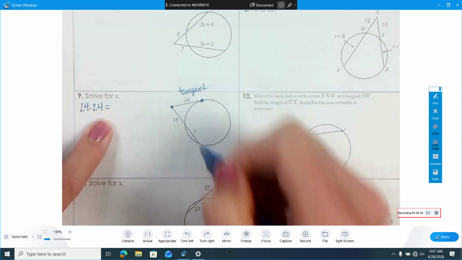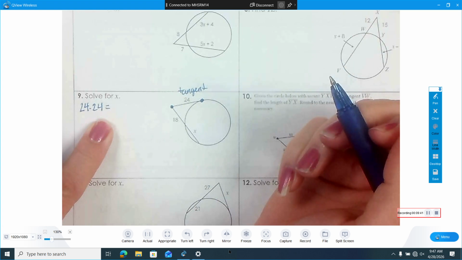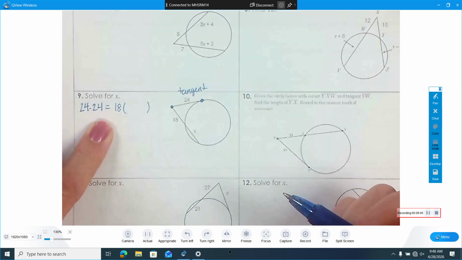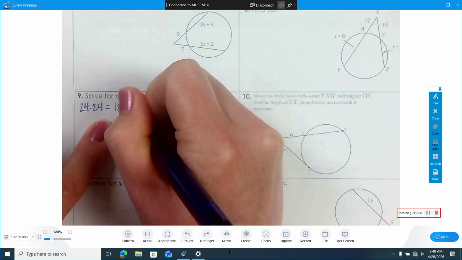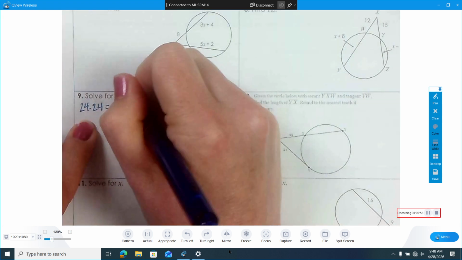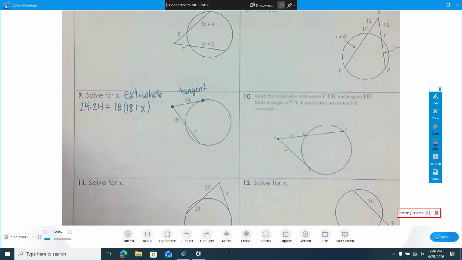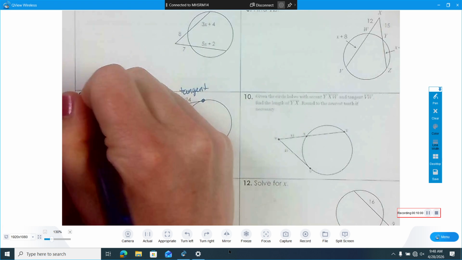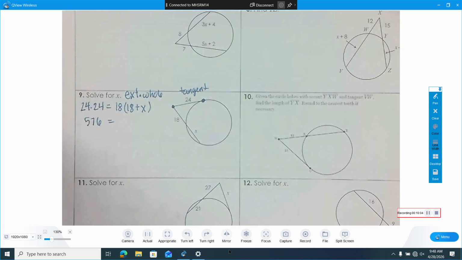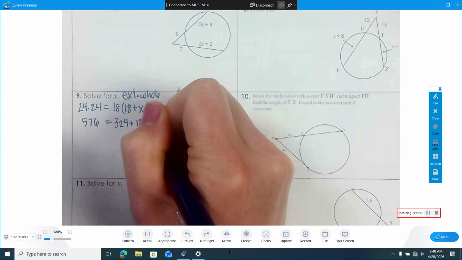And then on our secant line, what's the exterior portion? And what's the whole thing? 18 plus x. So there's our setup. Exterior times whole. Exterior times the whole thing. 24 times 24 is 576. And then we're going to distribute 18 times 18 is 324 plus 18x.